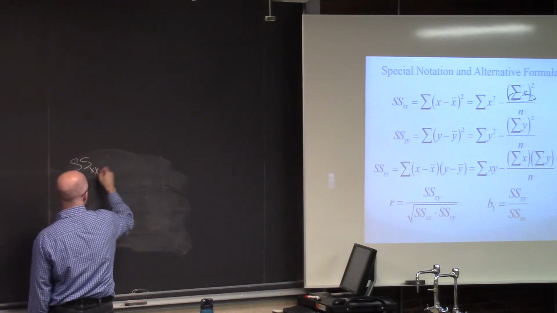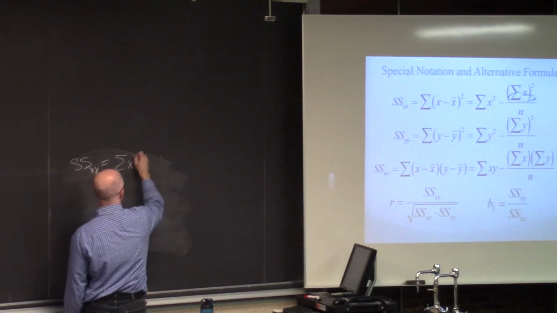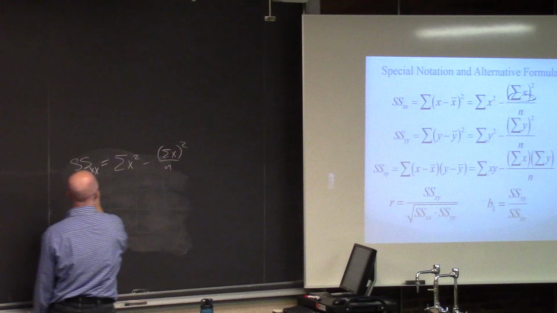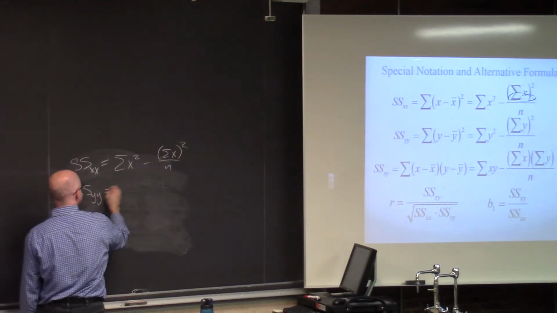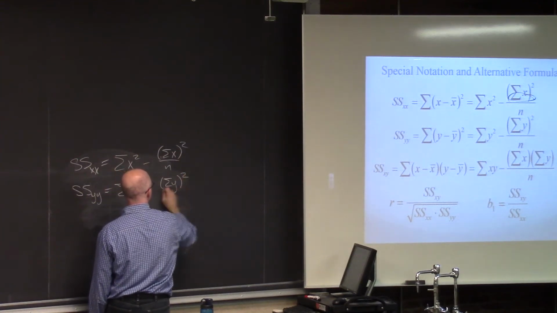We're focused on the shortcut formulas on the far right. SSXX is the sum of the x squareds minus the sum of the x's, quantity squared divided by n. SSYY is the sum of the y squareds minus the sum of the y's, quantity squared divided by n.